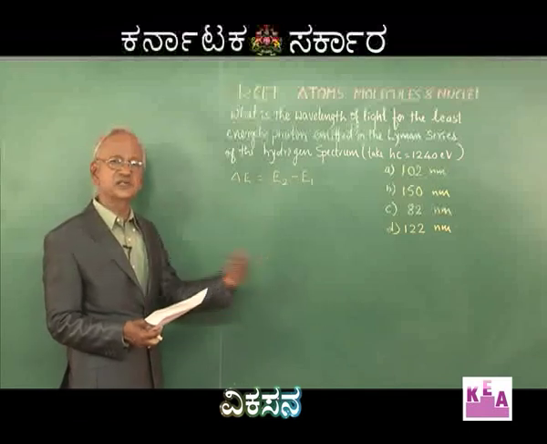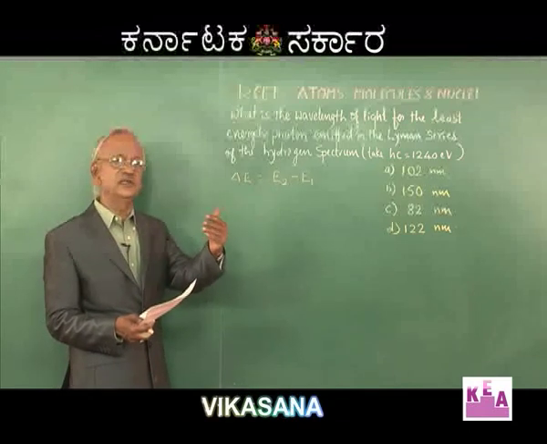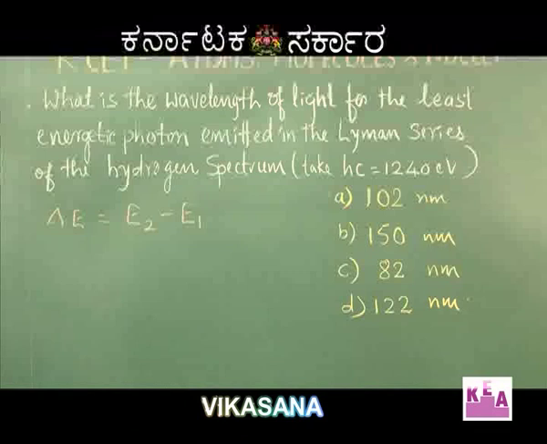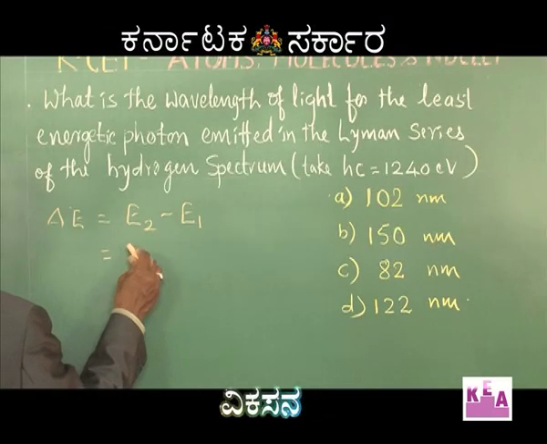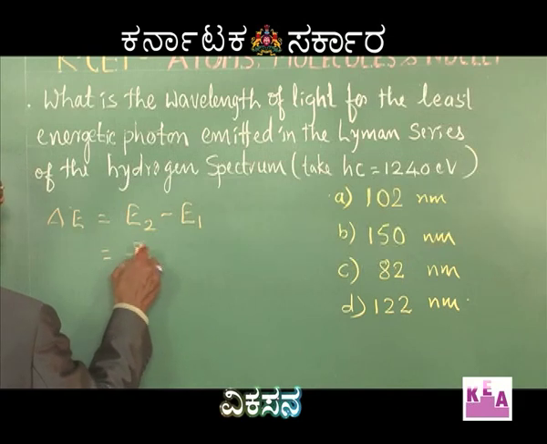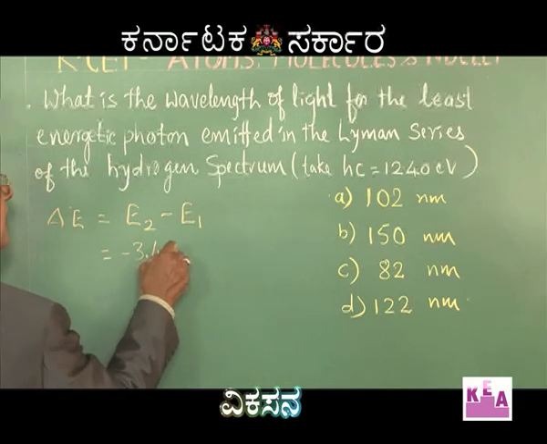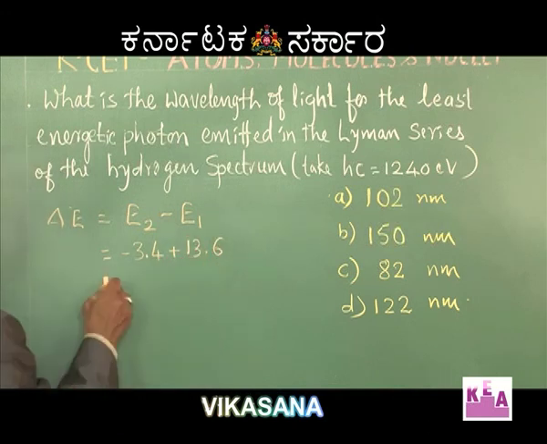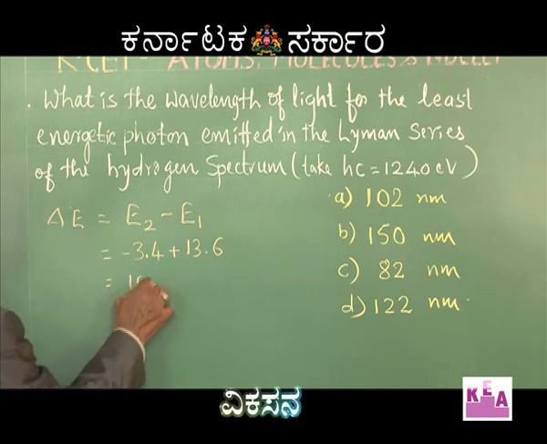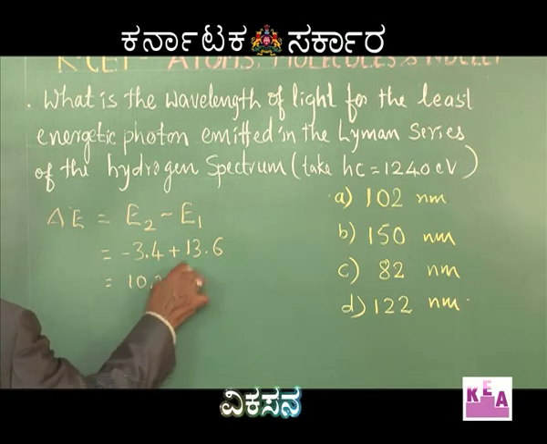From the previous discussion, we have seen minus 13.6 by n square. So, let me write directly this value. E2 is minus 3.4 and E1 is minus 13.6. So, what this value turns out to be? Many times you would have done it, it is 10.2 electron volt.